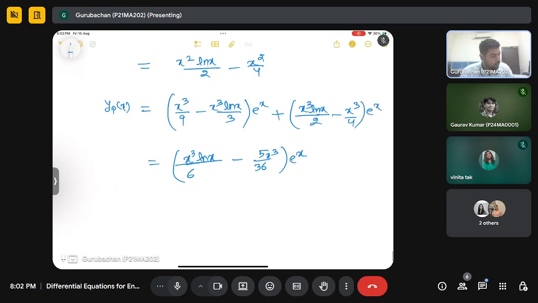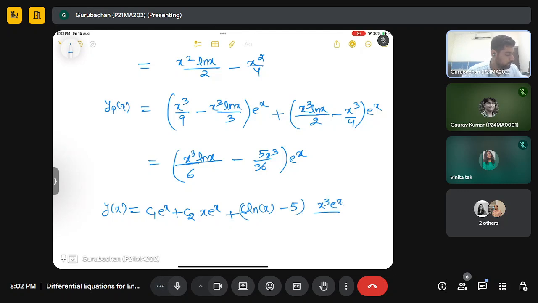So what will be your general solution? C1 e to the power x plus C2 x e to the power x plus this factor, or you can smartly write this as 6 ln x minus 5, times x cube e to the power x divided by 36.